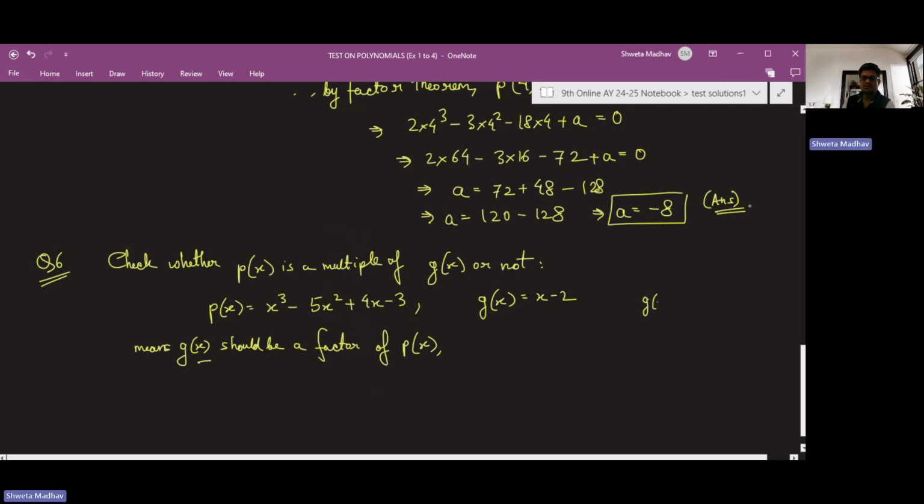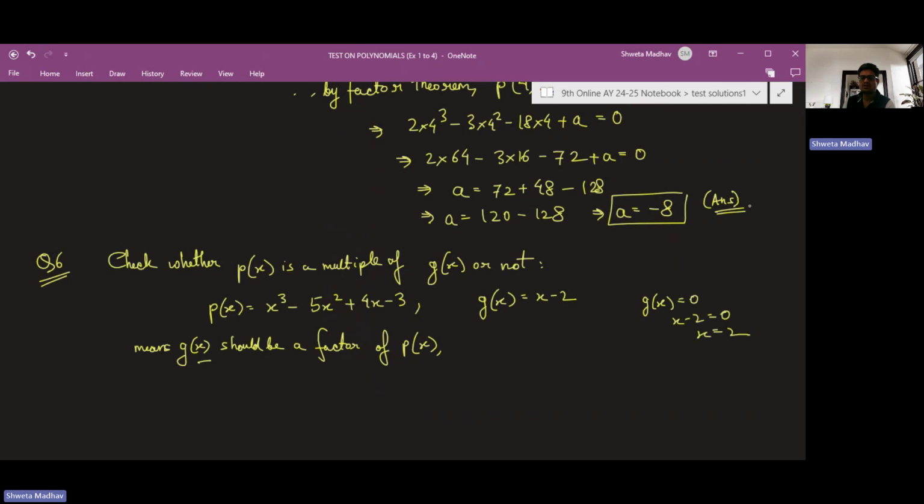Why? If I put G of X as 0, which means x minus 2 is 0, then x will be equal to 2. So when P of X is divided by G of X, the remainder is P of 2.